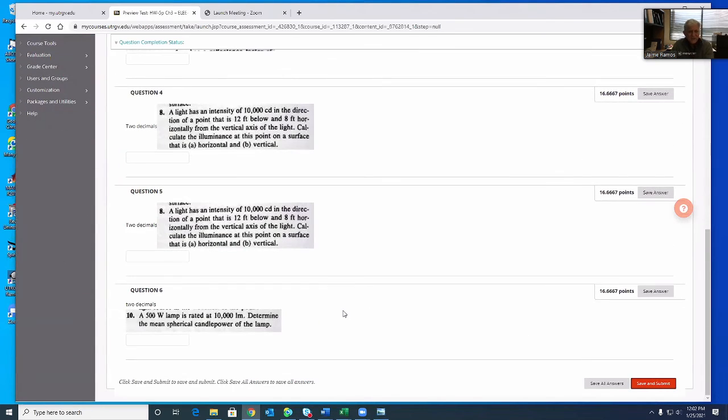In question 4, we have the intensity of the source in candles, and then we have those numbers, horizontal and vertical, and we need to calculate the illuminance.